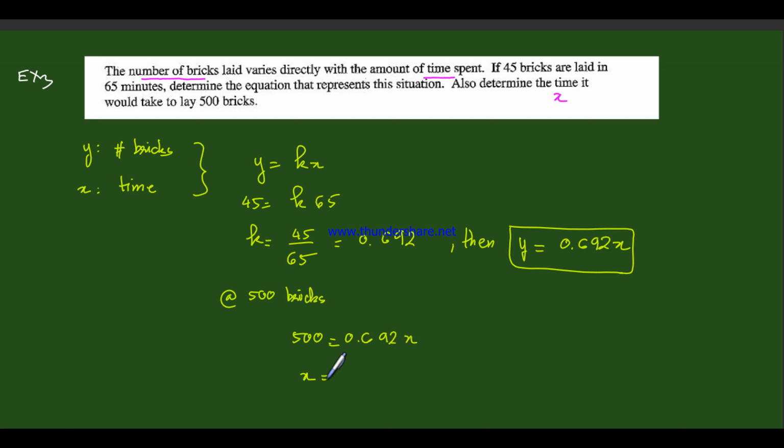So x will be the amount of time they're looking for. 500 divided by 0.692 is 722 minutes. Alright, this problem is so much easier. So that is how we use a direct variation equation to solve a word application problem.